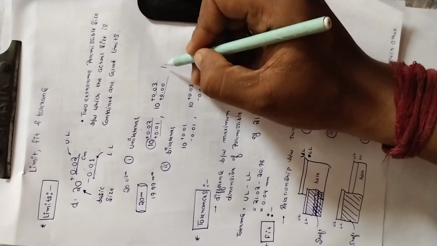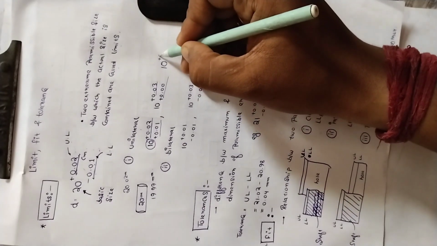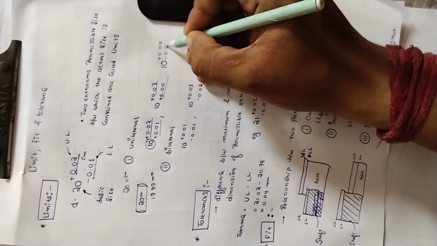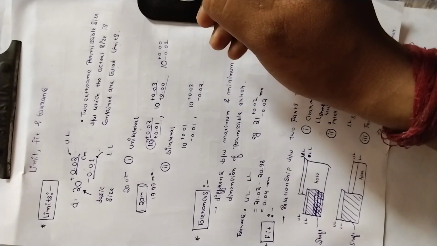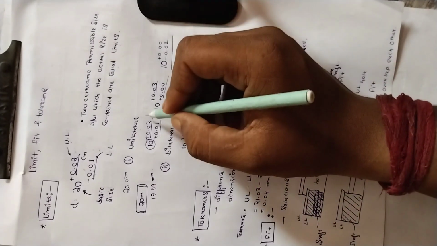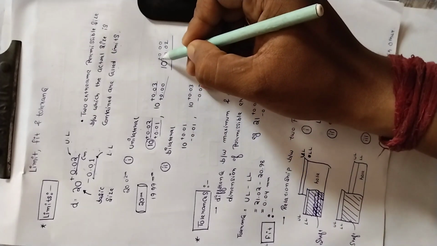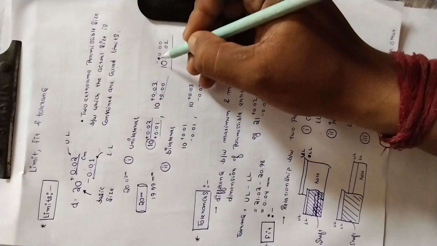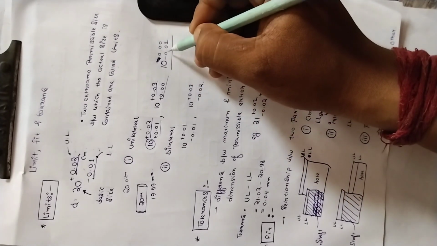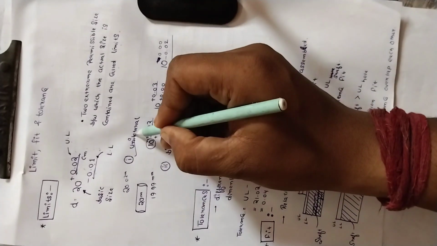This can also be negative. Suppose the upper limit is 0.00 and the lower limit is minus 0.02. These are all unilateral limits where the sign is not changing. From 0 to minus 0.02, the sign is not changing. This is known as a unilateral limit.